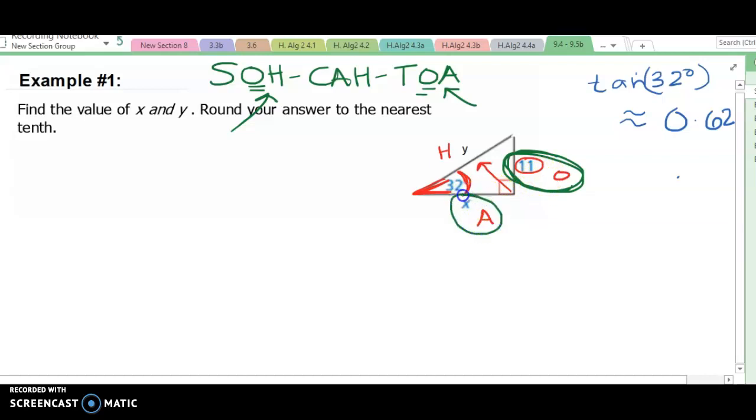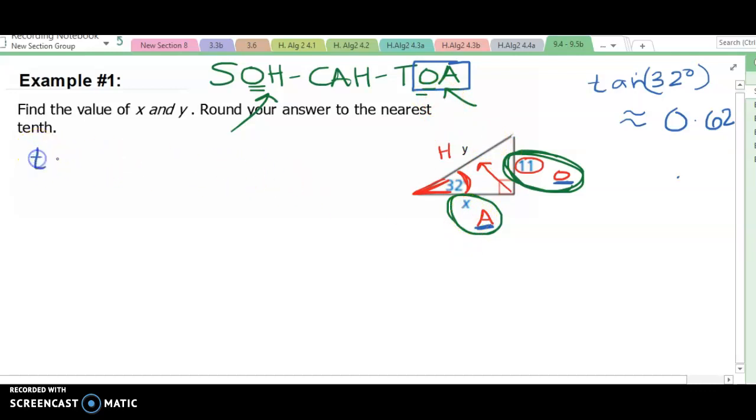You notice that x is our adjacent side and we know our opposite side. So you're going to look at these trig functions and ask yourself which one of these has O and A paired together. You'll see that the tangent does. See, O and A paired together. This is why I like writing it up here. So you're going to use the tangent function to solve for x.